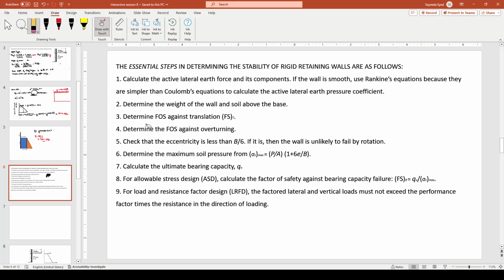Then we determine the factor of safety against translation, then against overturning, then we check for the eccentricity, and then we check for the tensile crack at the corner, ultimate bearing capacity, and this is how we do the stability analysis. So let us do a simple stability analysis.